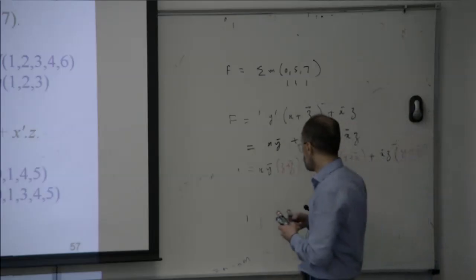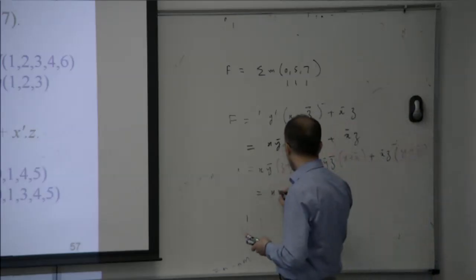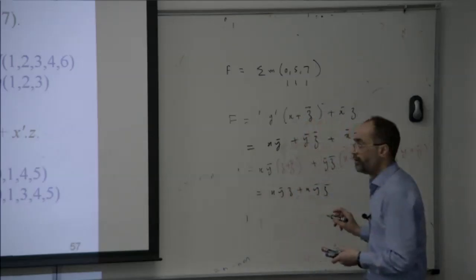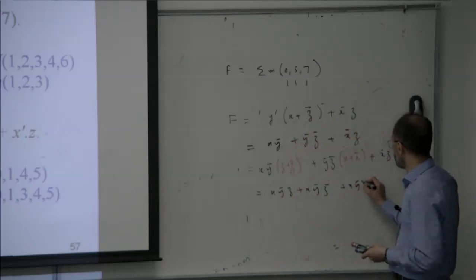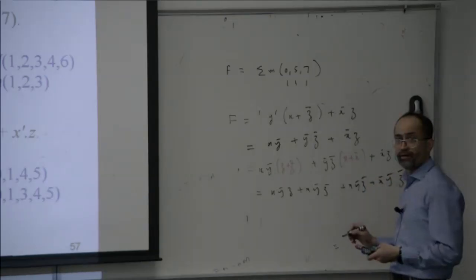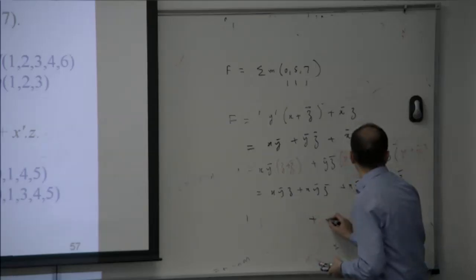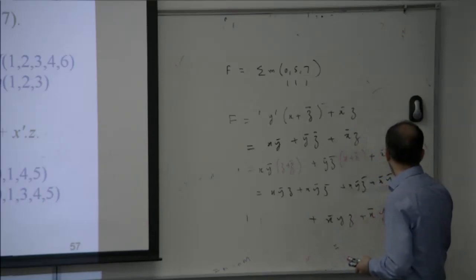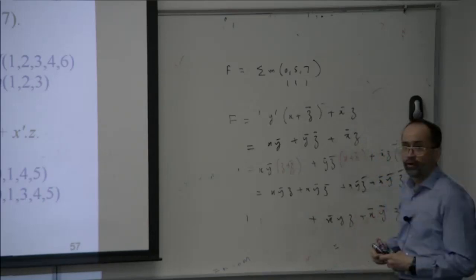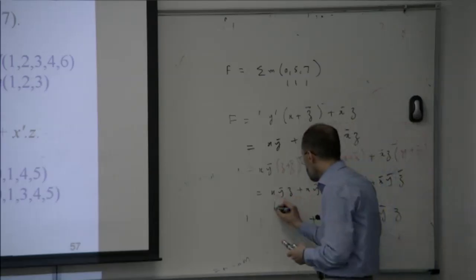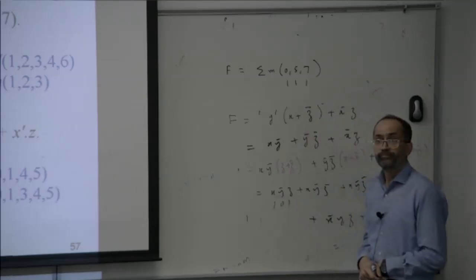Got it? And then we can say x y bar z plus x y bar z bar plus x y bar z bar plus x bar y bar z bar plus x bar y z plus x bar y bar z. So 101.